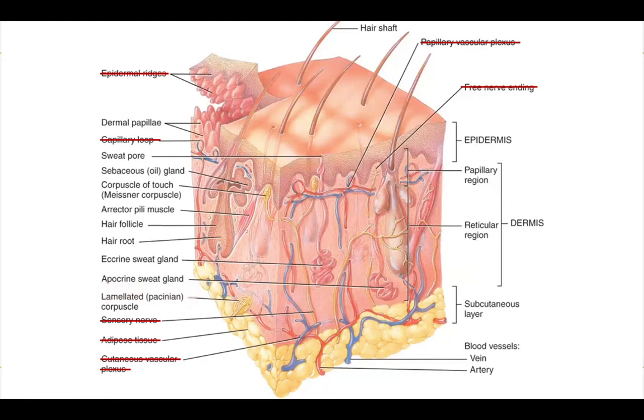And then vice versa, it would also be picking up waste products as well. So the dermal papillae really just kind of increase the surface area for that gaseous exchange of obviously oxygen and carbon dioxide, but then also that transfer of nutrients and waste products as well. So they're increasing the surface area.